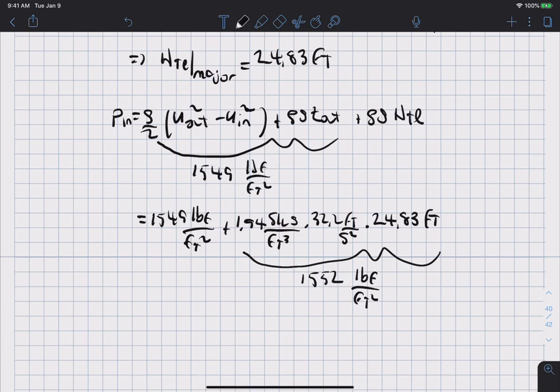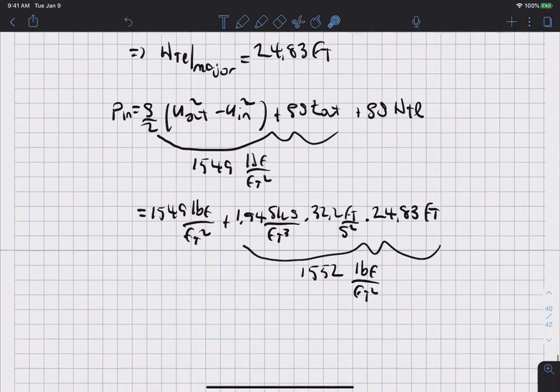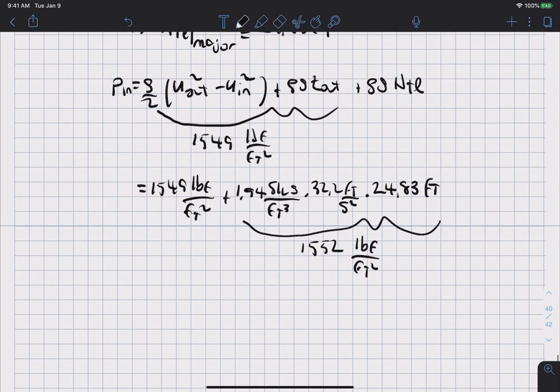So basically, this is just due to pure friction in the pipe walls as the fluid moves through it, and it's more than doubling the pressure that it takes to drive the flow from the basement up to the second floor. Then add those together, we get that P1 equals 3101 pound force per foot squared, and that equals 21.5 gauge pressure PSIG, and that's major losses only.